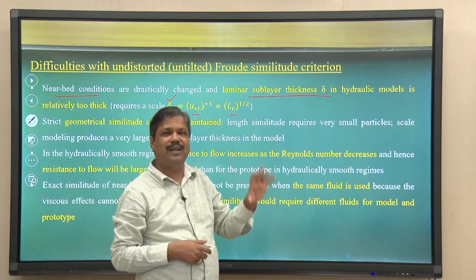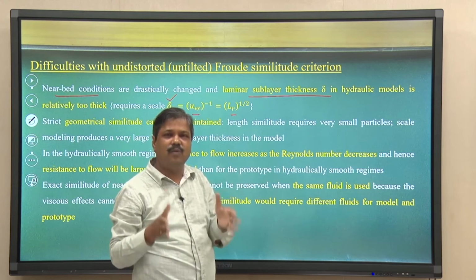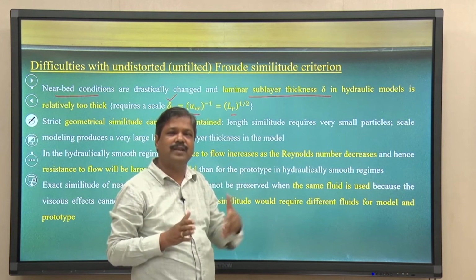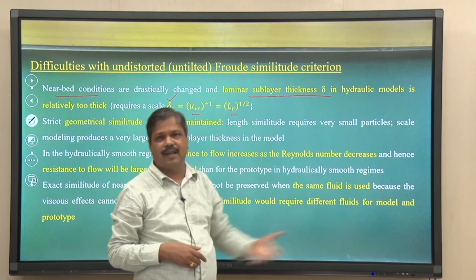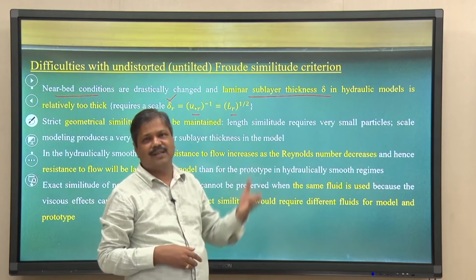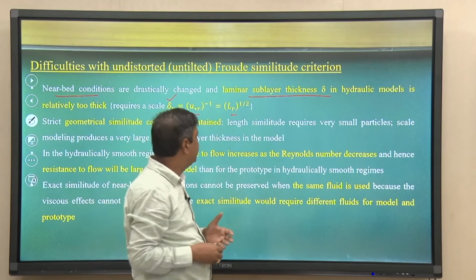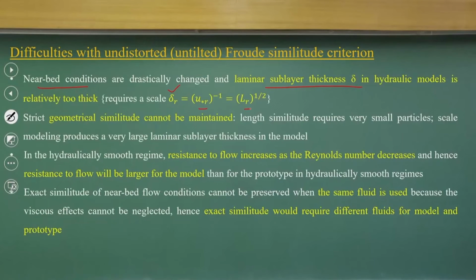The laminar sublayer thickness at laboratory scale is thicker than in a river. So we need to scale down the laminar sublayer thickness. If you look at it that way, we cannot maintain exactly geometric similitude. The length similitude requires very small particles. The scale modeling produces a very large laminar sublayer thickness in the model.